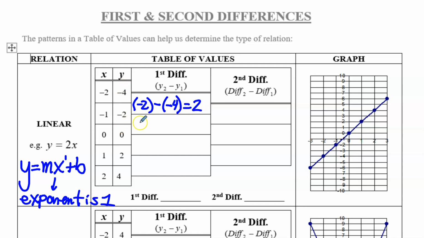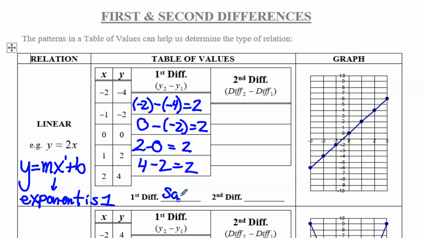We get 2. 0 minus -2 is equal to 2. 2 minus 0 is 2, and 4 minus 2 is 2. So your first differences for a linear relation are all the same. And that's how you would know if it was a linear relationship or not.